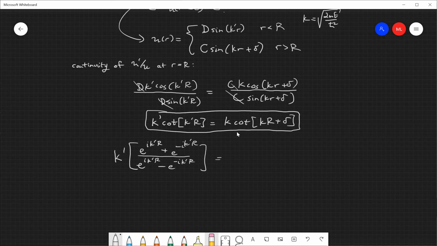On one side, there's a factor of 2i, but it cancels on both sides. And here you have e to the i(kr plus delta).